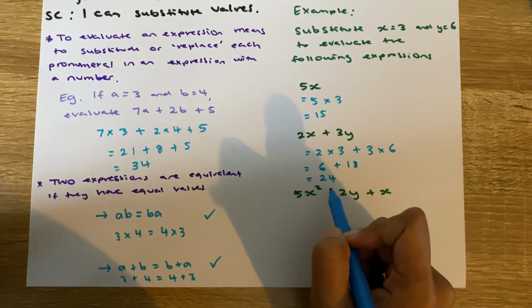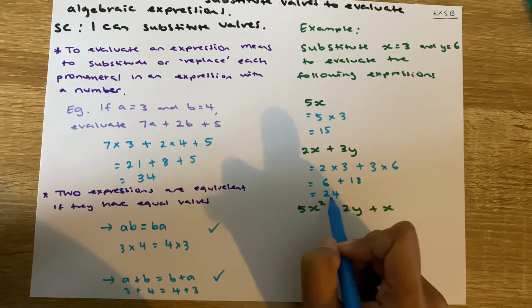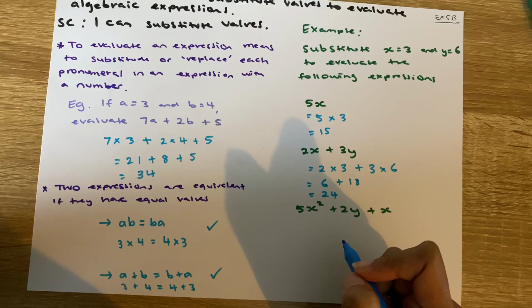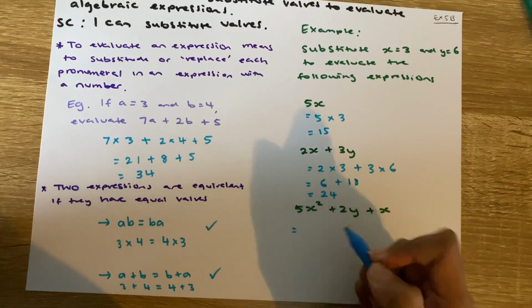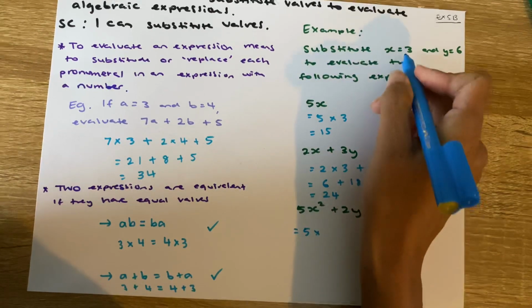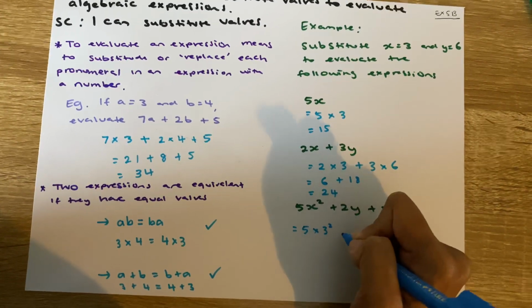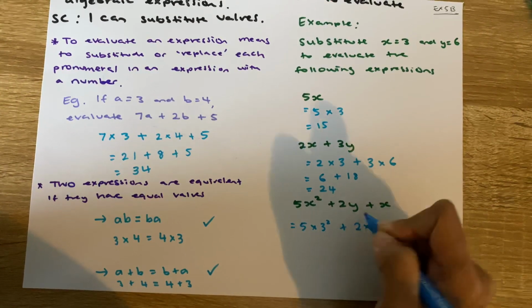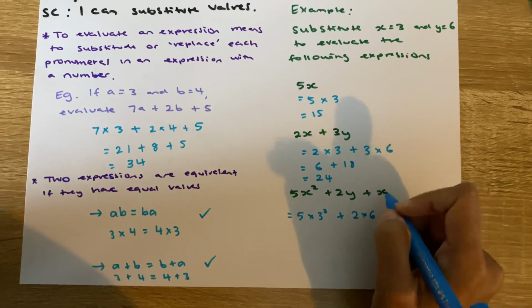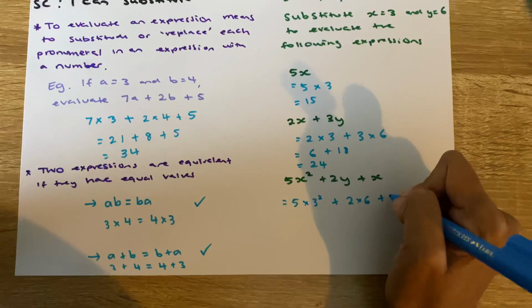What we haven't worked a lot on yet is when we're adding squares into the equation. In this case, we're going to break it down into our 3 parts. So 5 times x is 3 squared, plus 2 times y was 6, so it's 2 times 6, plus x again, x is 3.